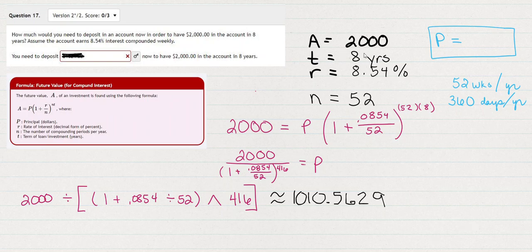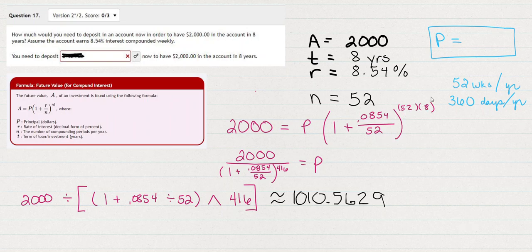Okay, so we've got A is 2,000, time is 8, rate is 0.0854. I could move this decimal 2 to the left, or in other words, divide by 100. N, the number of compoundings, is 52. When I plug this information in, I replace the A with 2,000, solving for P, times the quantity of 1 plus 0.0854 divided by 52, all raised to the 52 times 8.